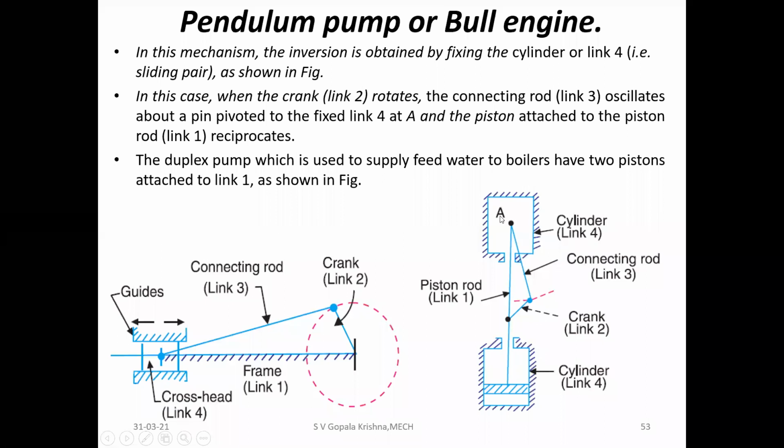How many links are there? The links are the crank, the connecting rod, the piston rod, and the cylinder. In this inversion, the cylinder is the fixed link. Keep that in mind. That is the pendulum pump or bull engine.